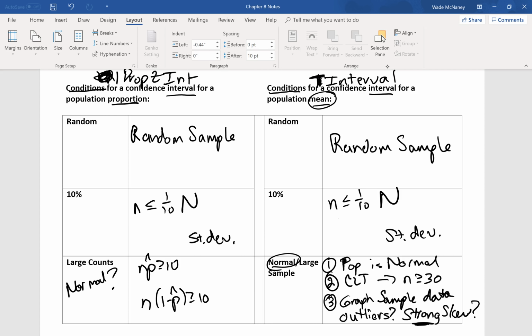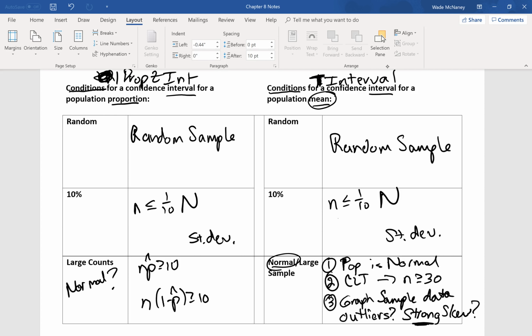So that's why when we look at this sample data, we're looking for any strong skewness. If any outliers show up or if any strong skewness shows up, we say it's not normal and we can't continue. But if there are no outliers and no strong skewness, we can go ahead and continue with the process.